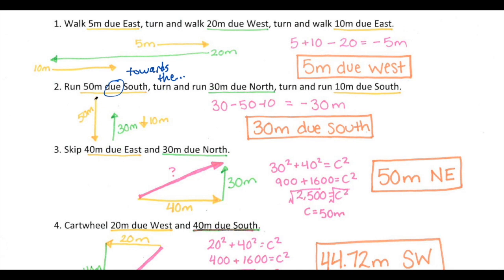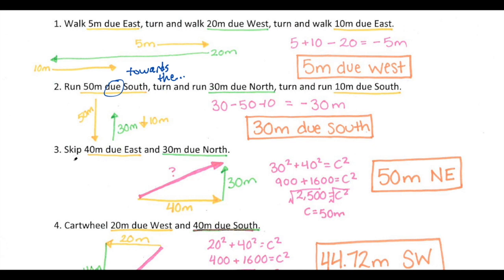So 50 south, 10 south, it gives me a total of 60 meters to the south, but then we've got to take away the 30 meters that's going to the north, so we're left over with 30 meters to the south. Again, it doesn't matter how I add these up, because 50 minus 30 plus 10 is the same thing as 50 plus 10 minus 30. It's commutative property of addition.